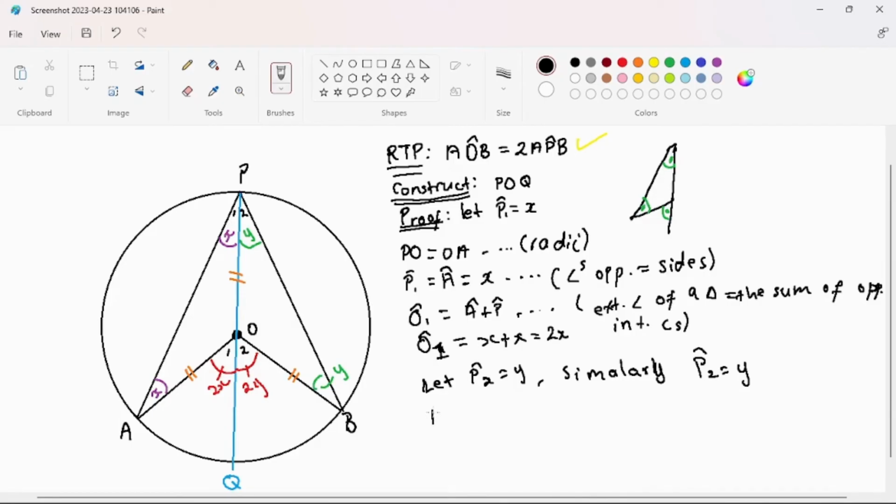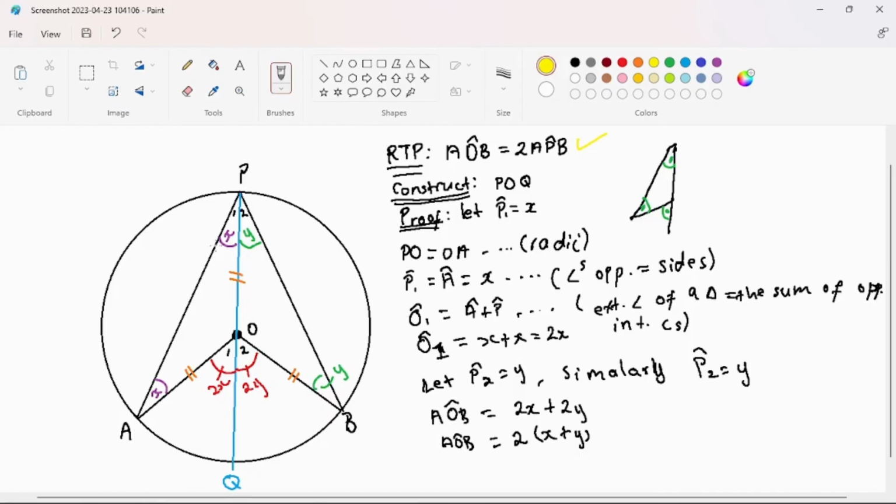Okay, we're going to have AOP, right? AOP is going to be equal to 2X plus 2Y, isn't it? And then you can also take out the common factor. You take out 2, and you are left with X plus Y. And then you go to your diagram, guys.